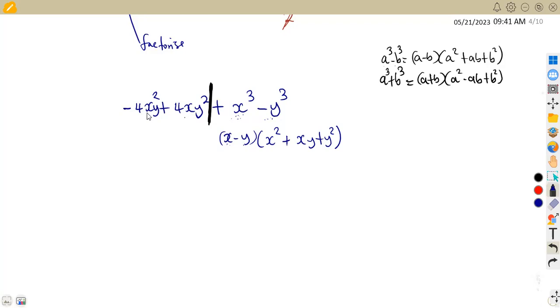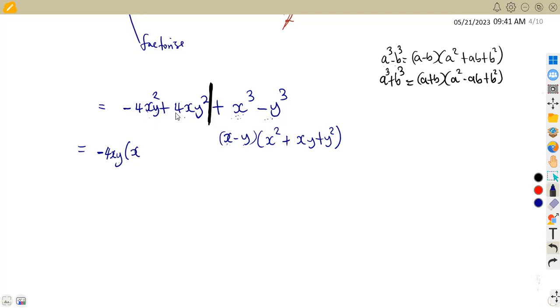We can factor out a negative 4xy so that this x can be positive. The moment we factor out negative 4xy here, this is going to be positive, negative divided by negative. 4 and 4 cancel. x squared divided by x is x. y and y cancel.